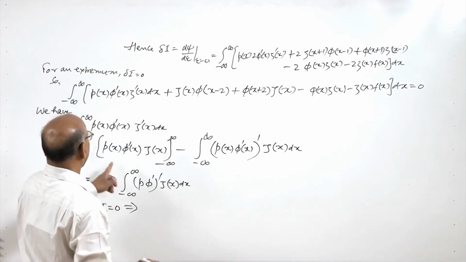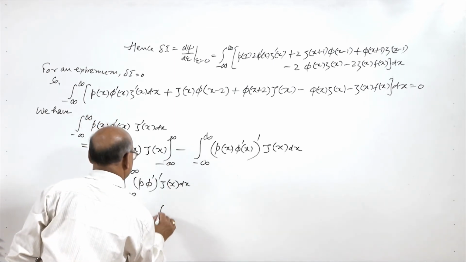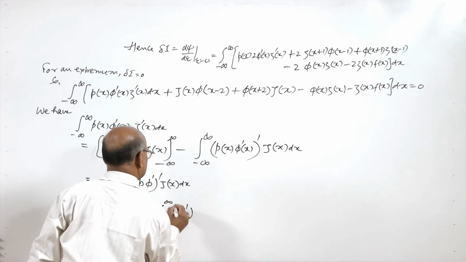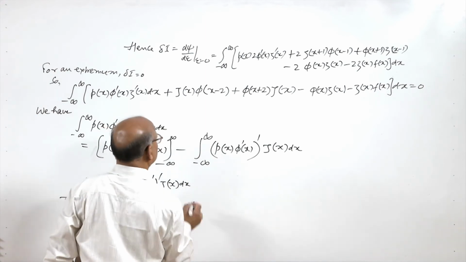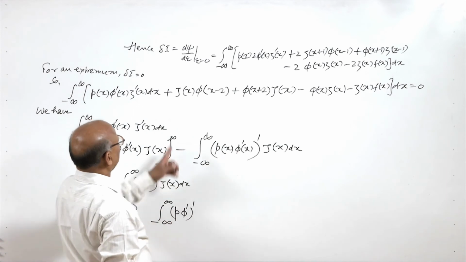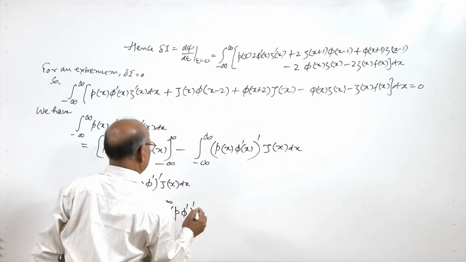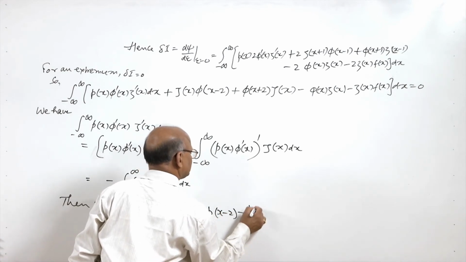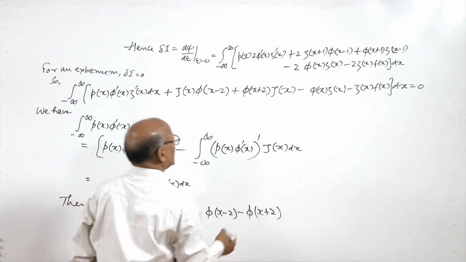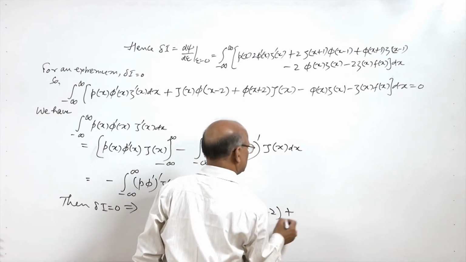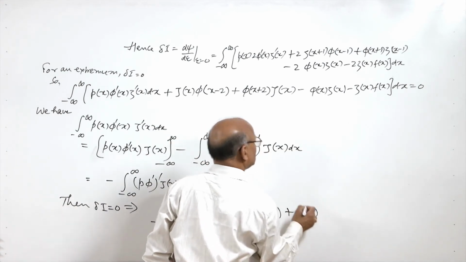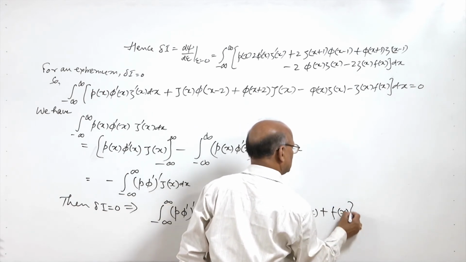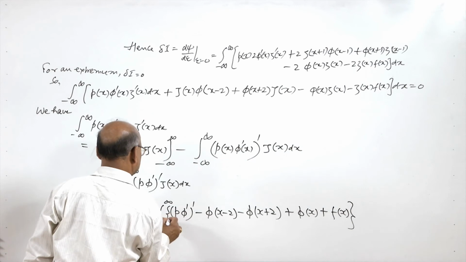So what we will have, integral from minus infinity to infinity of p phi dash, we will take zeta x common from all the terms, so minus phi x minus 2 minus phi x plus 2, plus phi x plus f x into zeta x.